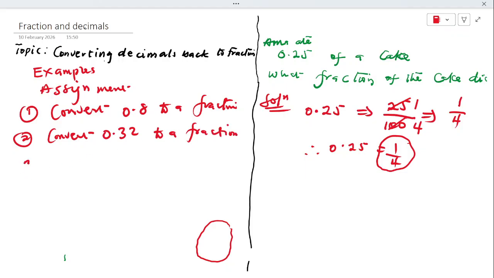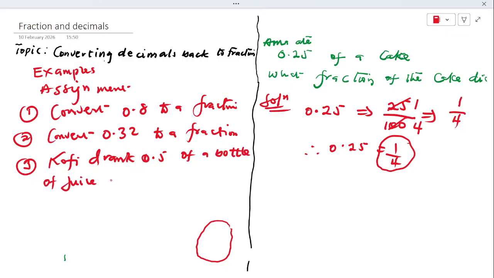Then 3, Kofi drank 0.5 of a bottle of juice. What fraction did he drink?